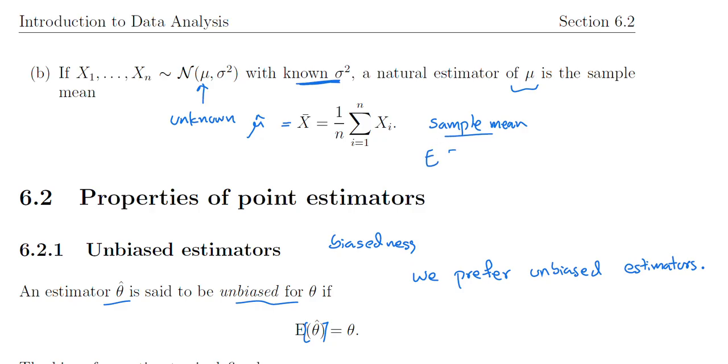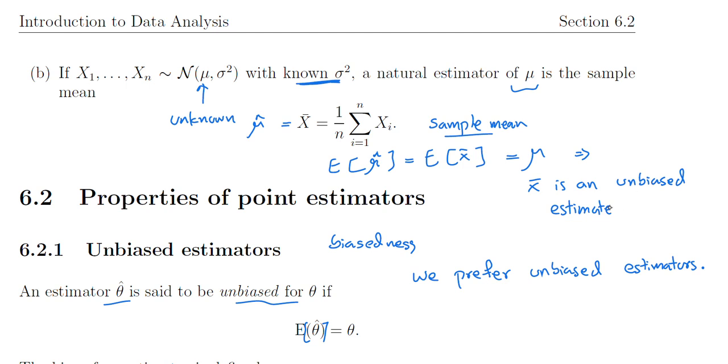We have learned in many places that the expected value of x bar is mu. So the expected value of the point estimator mu hat equals mu, which means x bar is an unbiased estimator for the population mean mu. That's good. X bar is unbiased.